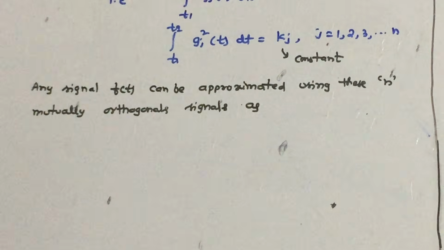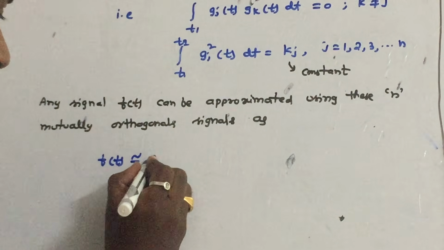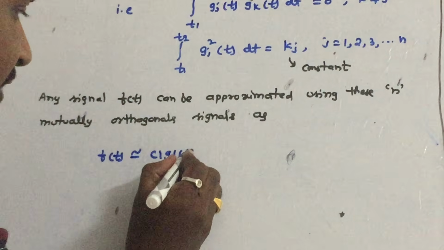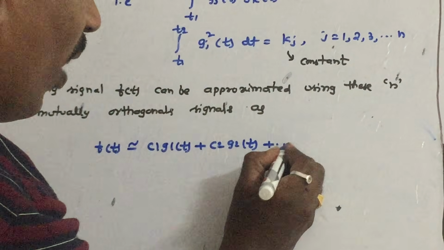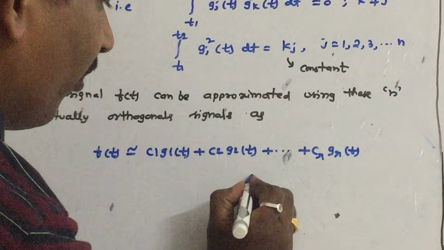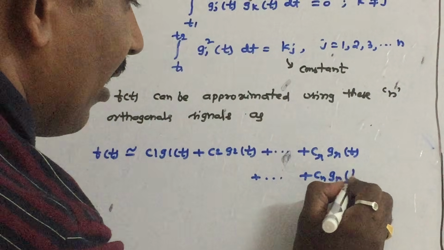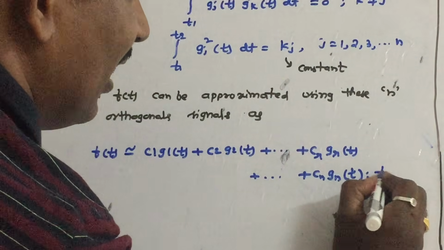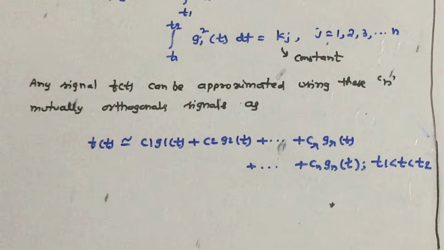What is this approximation? Very simple formula. F of t is approximately equal to c1 g1 of t plus c2 g2 of t plus so on cr gr of t, and cn gn of t. Remember that we have to clearly mention the interval in which we are making this approximation.